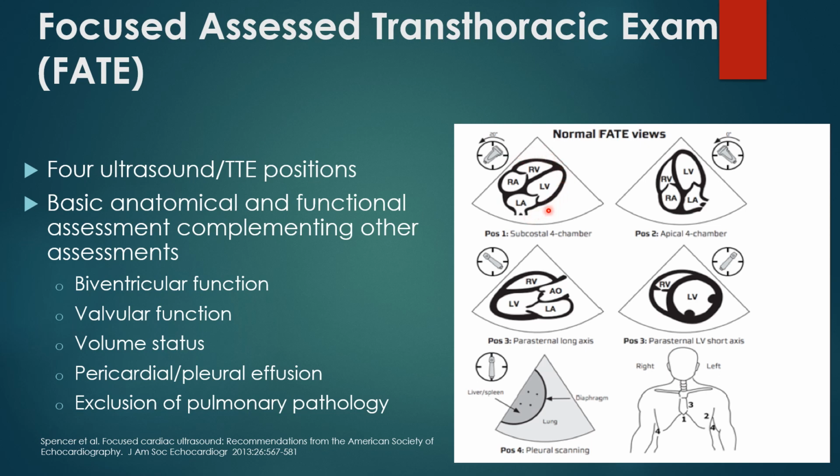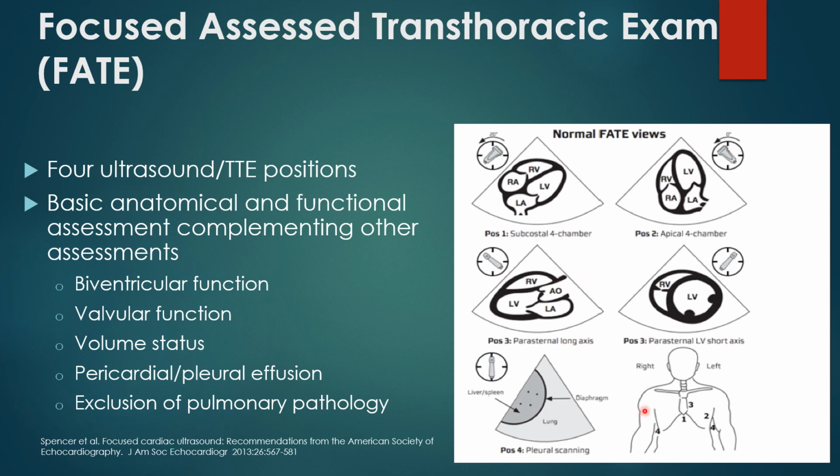You get to look for an anechoic region, as you would see with a tamponade, things like that. The second view is the apical four-chamber, which is going at the point of maximal impulse down here at position 2. And some people like to start out with a parasternal short axis and slide down to the apical 4, but this is not typically what's done in a normal FATE protocol.